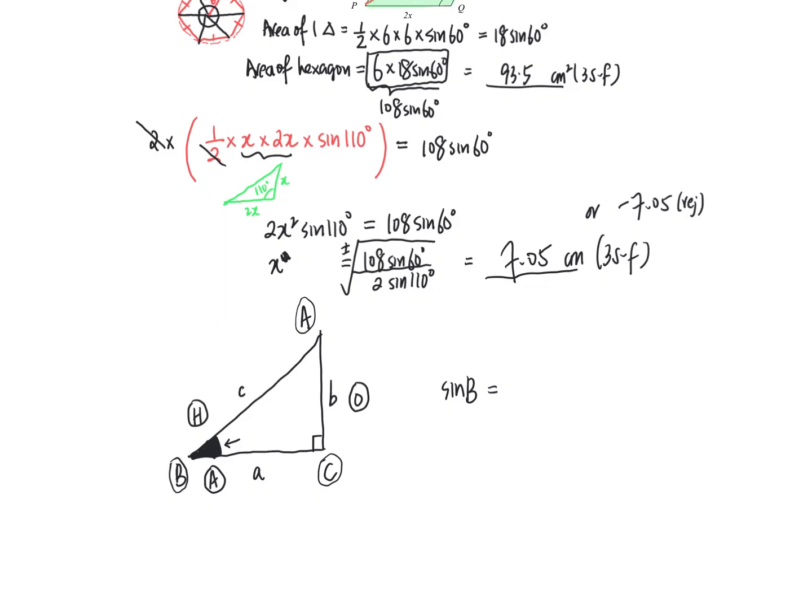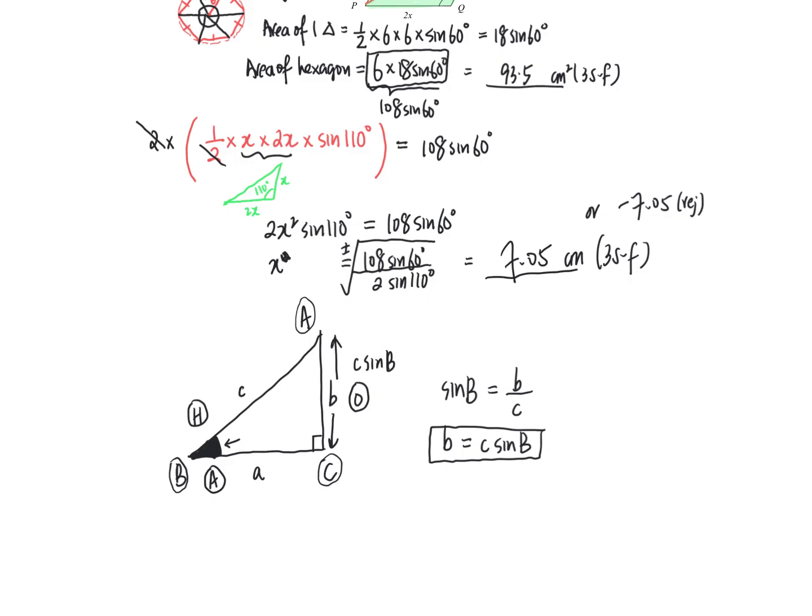B over C. Which means to say that the length b is actually c sine B. So this is a quick way of finding the length of this. This is represented by c sine B.